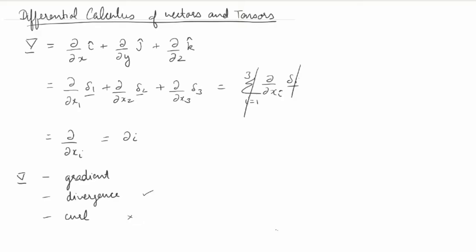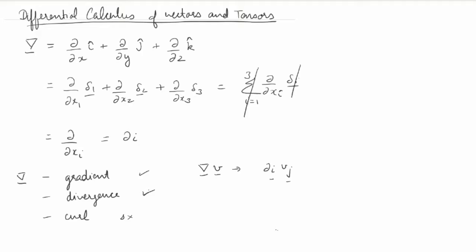Curl for a scalar is not defined and we cannot dot with a scalar, but we can find the gradient of a scalar. So when we find the gradient of a vector, del of v, this will give us a tensor quantity because we now have ∂i and vj, and there will be two directions i and j associated with ∂i vj.